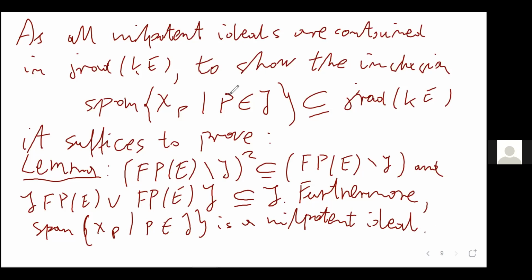If you remember that all nilpotent ideals are in the Jacobson radical, if we prove that the span of chi-p's with P running over J is a nilpotent ideal, then of course it must be in the Jacobson radical. This is what we argued for before. So this lemma we're going to prove later on. And in fact, this lemma, although not trivial, is actually much simpler than the rest of the proof. So this one-way inclusion, that this span is in the Jacobson radical, is actually much easier than proving the inclusion the other way around. And this is what I'm going to do. I hope 51 minutes is enough.